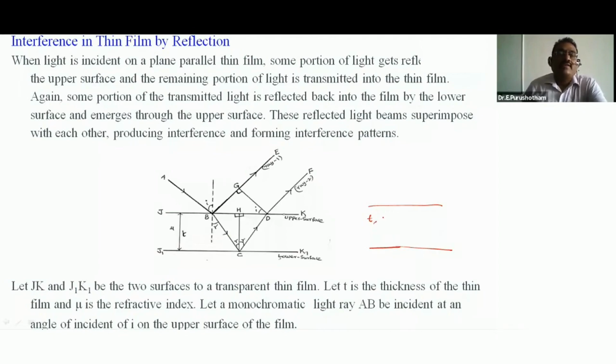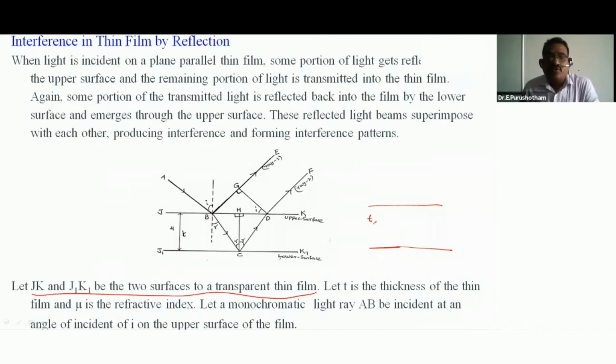When light is incident on a plane parallel thin film, some portion of light gets reflected from the upper surface. AB is the monochromatic light incident on the upper surface. JK and J1K1 are the two surfaces of a transparent thin film.